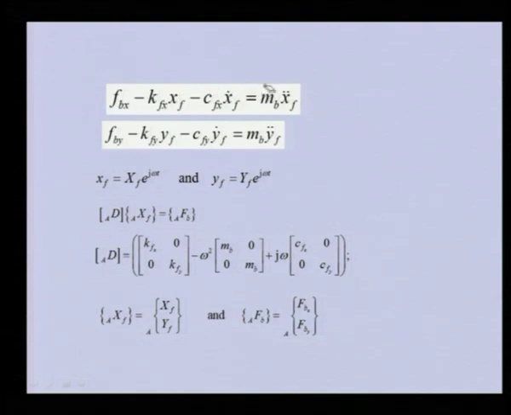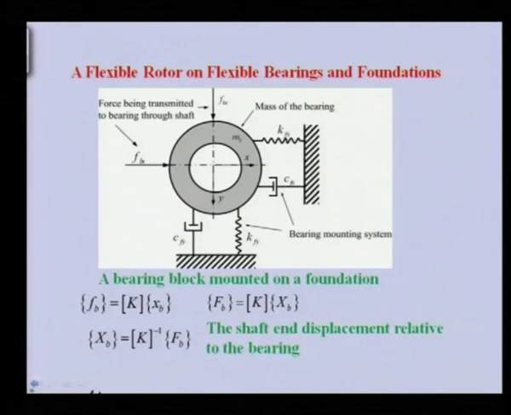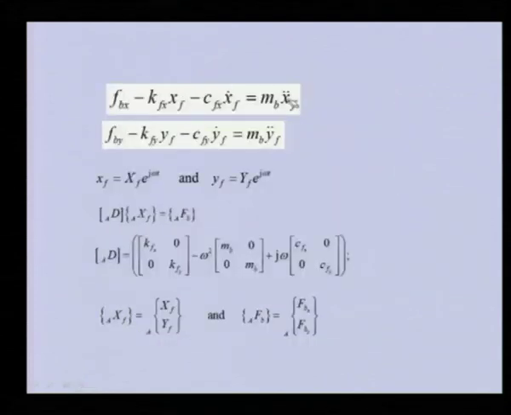This should be equal to the inertia of the bearing. In the previous figure we have seen that the bearing mass has displacements xf and yf in the x and y directions.